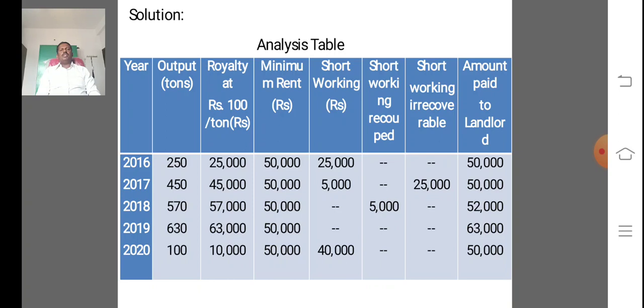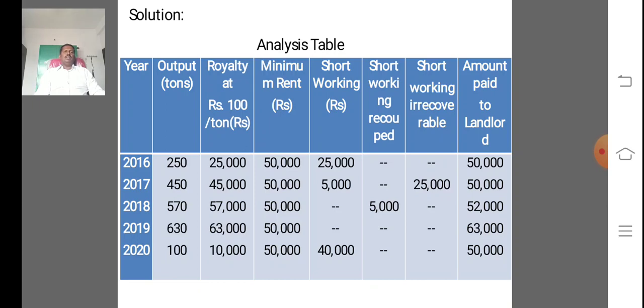In the year 2017, 450 is the output, into 100, 45,000 is the royalty. Royalty is less than minimum rent, so the difference 5,000 is treated as shortage. Next, the 25,000 is to be recovered within 2 years.